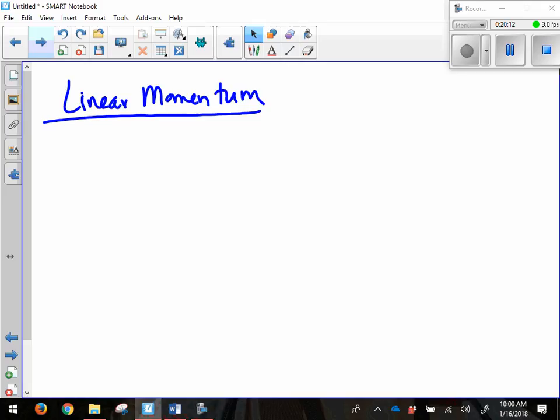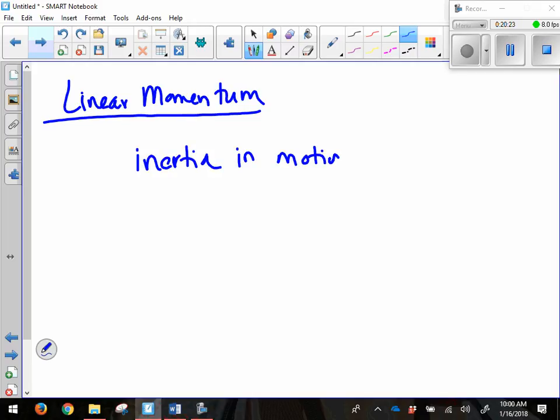Now, momentum in general is often referred to as inertia in motion.